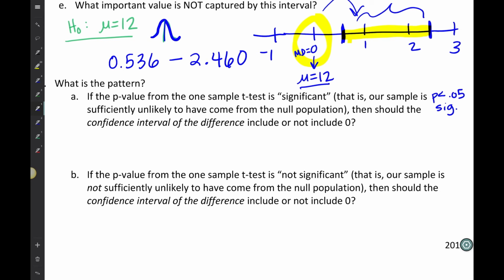If we're saying, no, it's so weird, I'm going to reject the null, then we should not, then the CI, confidence interval, should not include 0.